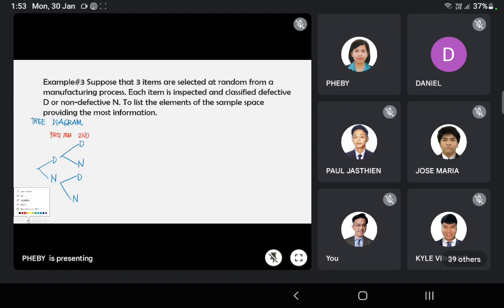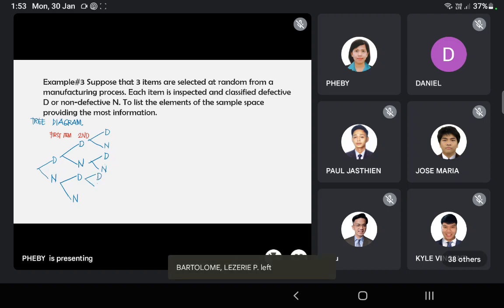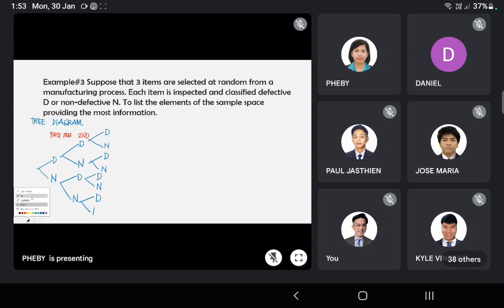And our third item, so pwede pa rin siyang maging defective or non-defective. This is our third item.